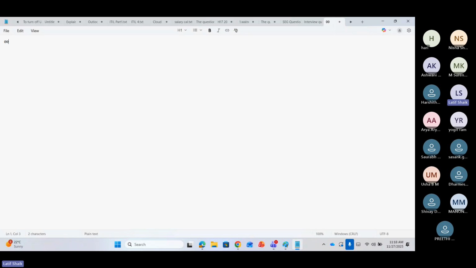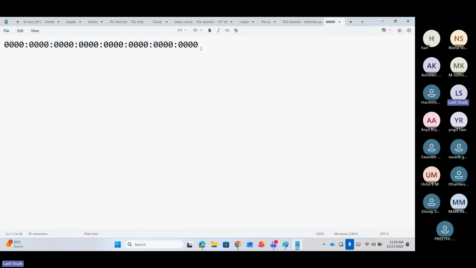So here it is, one block, four blocks. Okay, is it completed? 32. 1, 2, 3, 4, 5, 6, 7, 8.